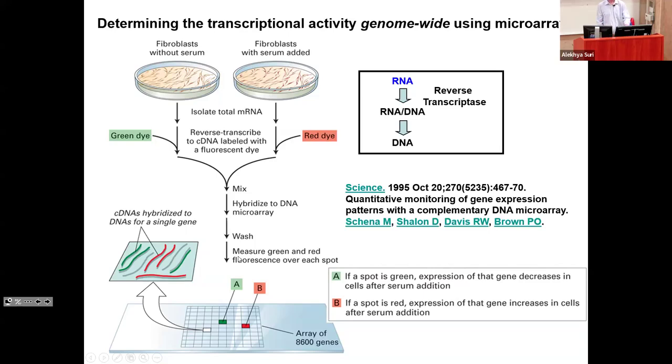And then once you hybridize the labeled DNA coming from these two different conditions, it may bind only to specific areas. That means if it's binding only to specific genes, only these genes were expressed during these conditions, fibroblasts without serum or with serum, in this case.